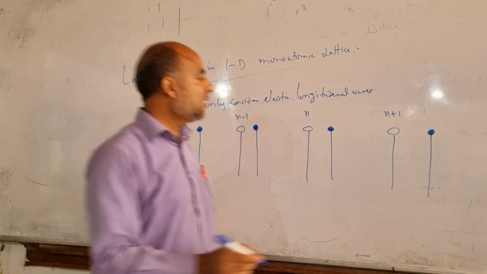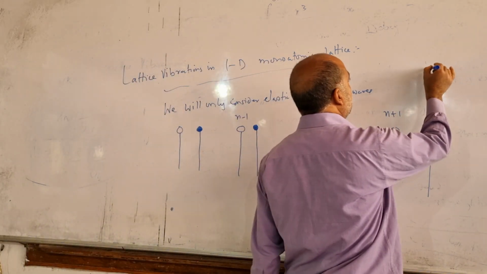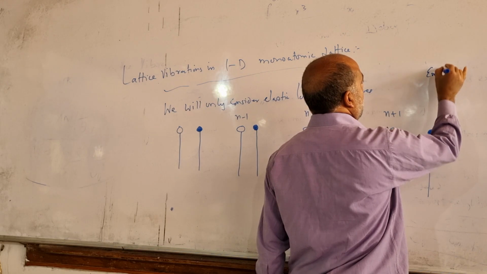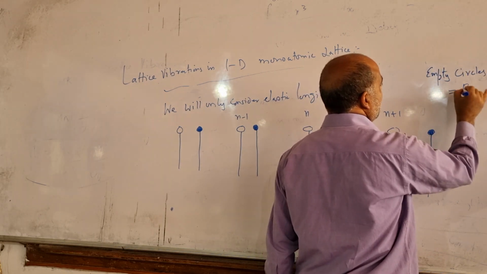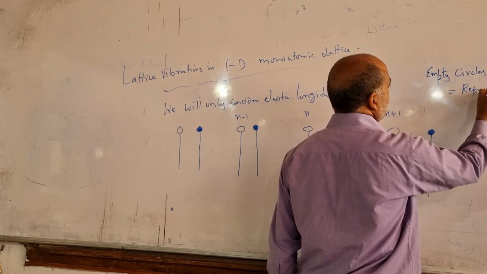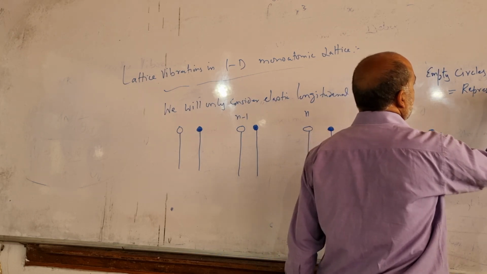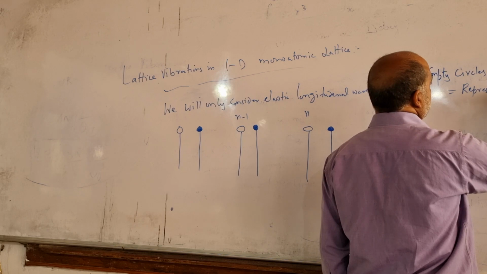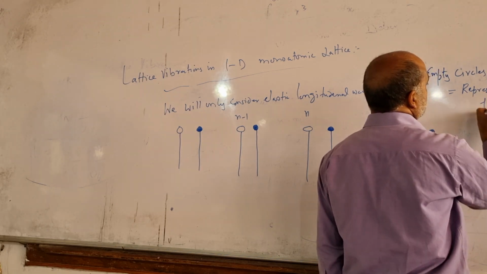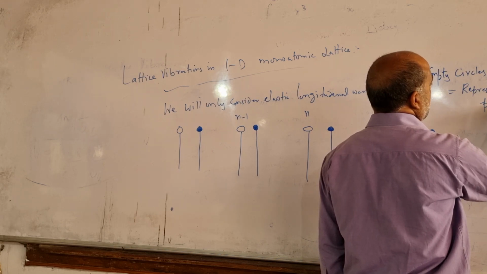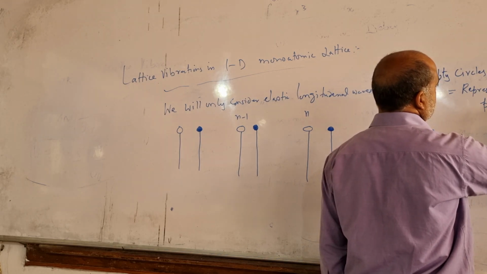The empty circles represent the equilibrium position of atoms.